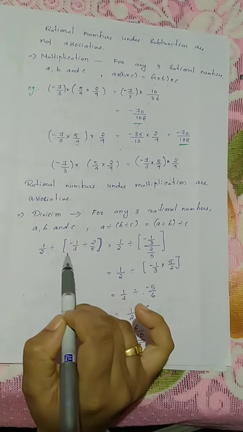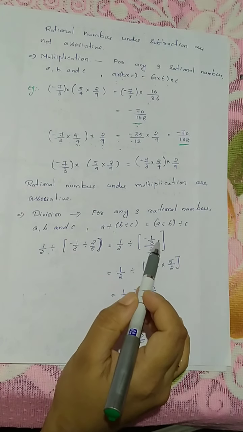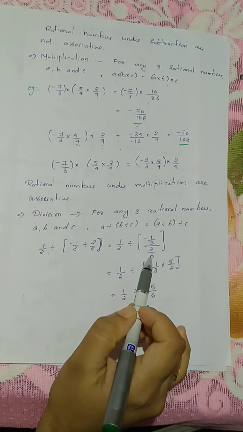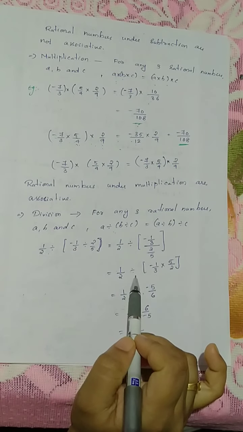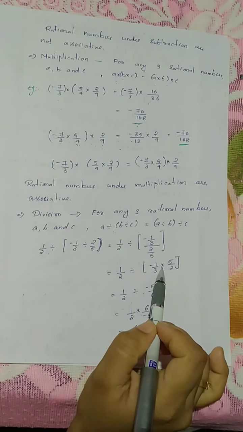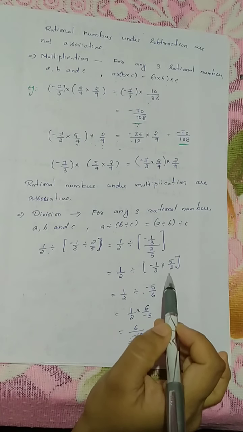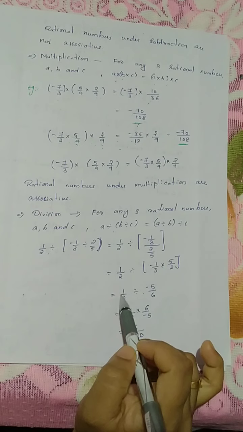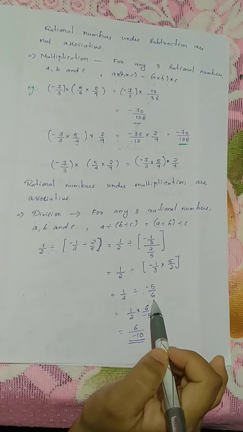First we want to divide the bracketed one, that is minus 1 by 3 divided by 2 by 5. This can be written as minus 1 by 3 into 5 by 2. We want to multiply this. 1 by 2 divided by minus 5 by 6.